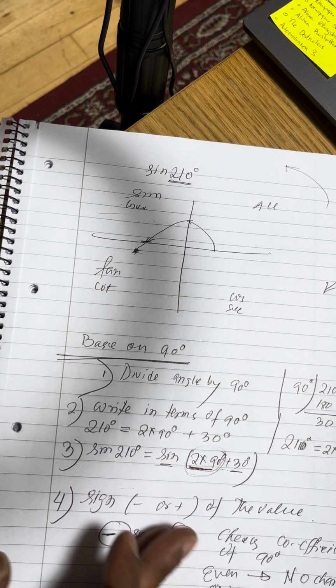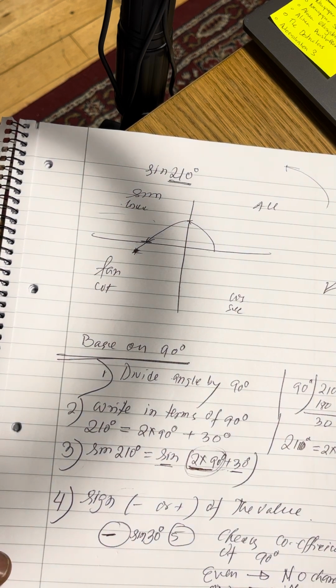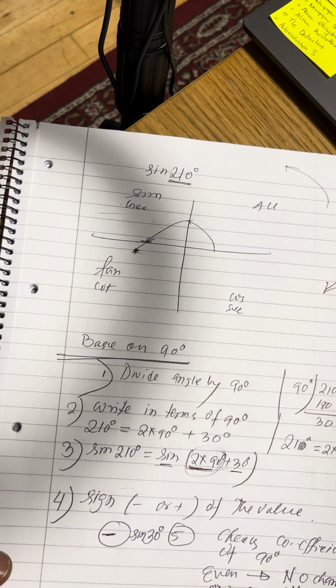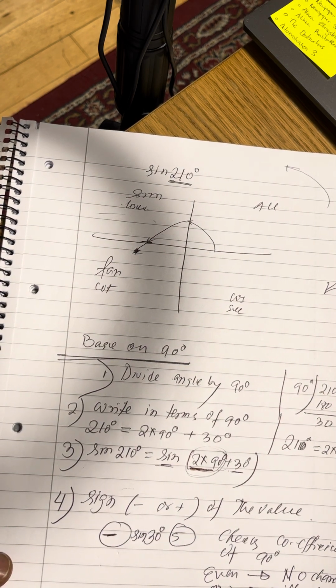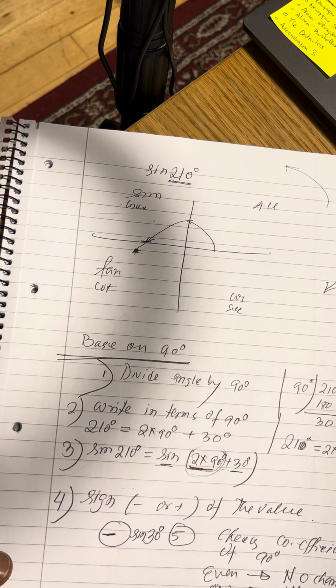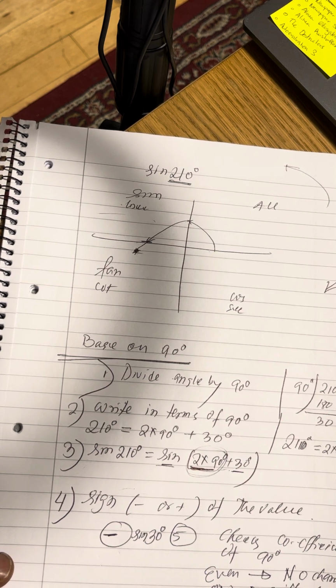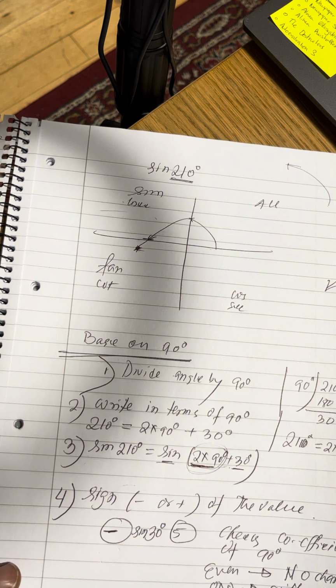A little pause here. What will happen if it is odd? The trigonometric ratio will change. How? If it is odd, sine changes to cos, and vice versa, cos changes to sine. Tan changes to cot, cot changes to tan.